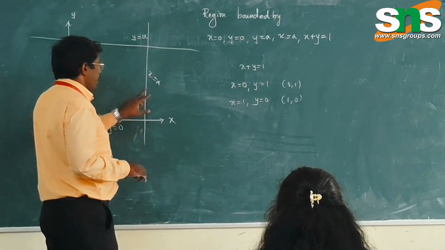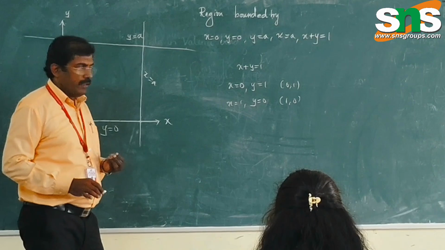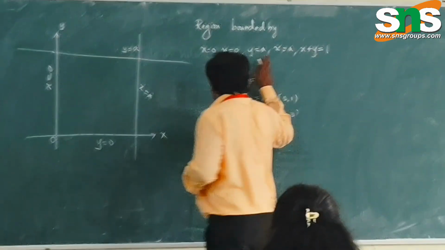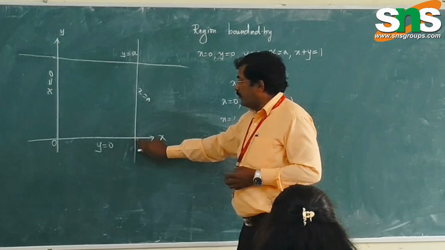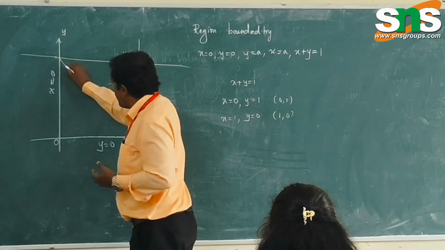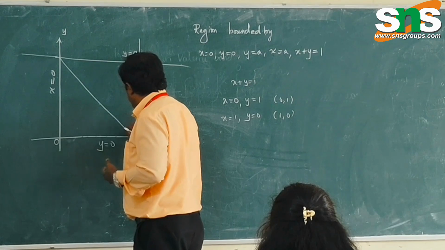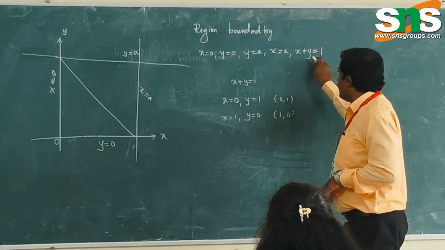Suppose I assume a as 1, for example, then this line can be connected with this line. So here in this equation it is a.